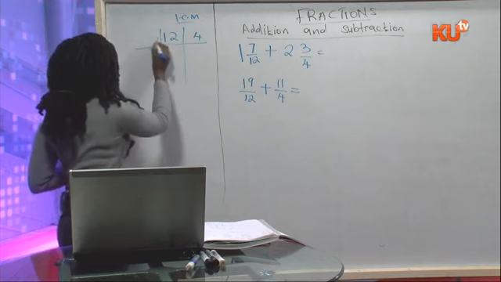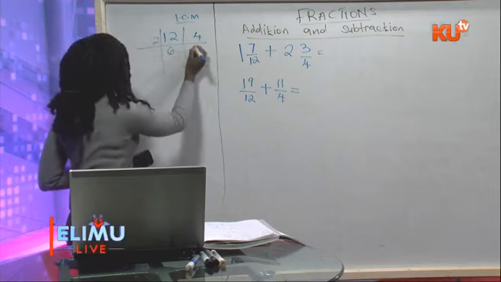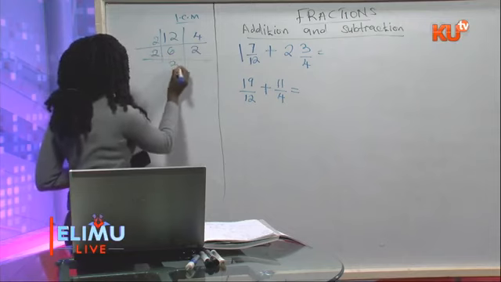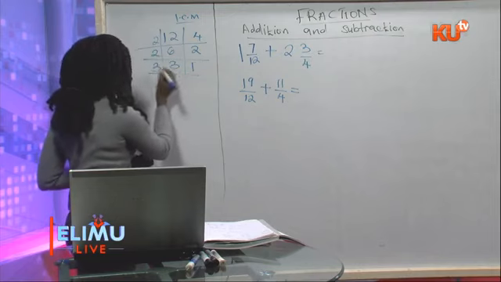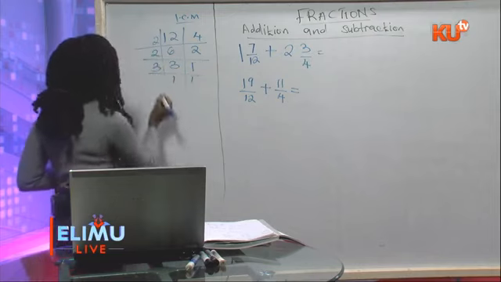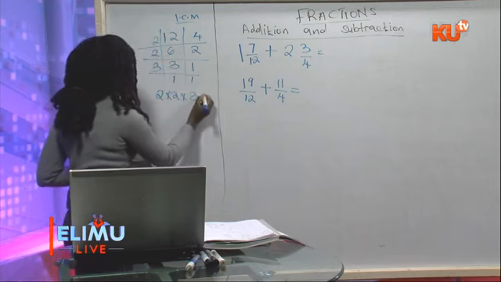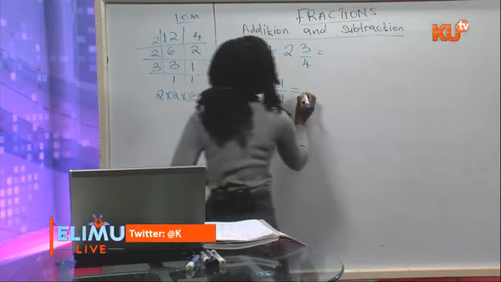So we start with 2. 12 divided by 2, we get 6. 4 divided by 2, 2. We use 2 again. 6 divided by 2, we get 3. 2 by 2, 1. Then 3 again. 3 by 3, 1. Then 1. So the LCM is 2 times 2 times 3, which is equal to 12. So 12 is going to be our LCM.